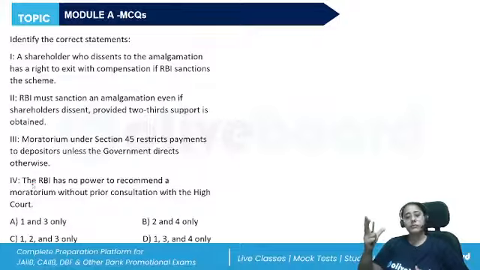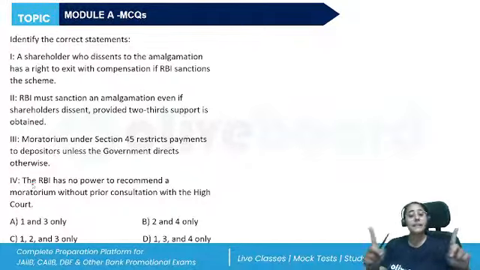So, voluntary amalgamation is when the banking company is amalgamated with another banking company. The scheme will be prepared. The terms of such an amalgamation will be placed before the shareholders of the two companies separately, and it has to be approved by a resolution passed by the majority.